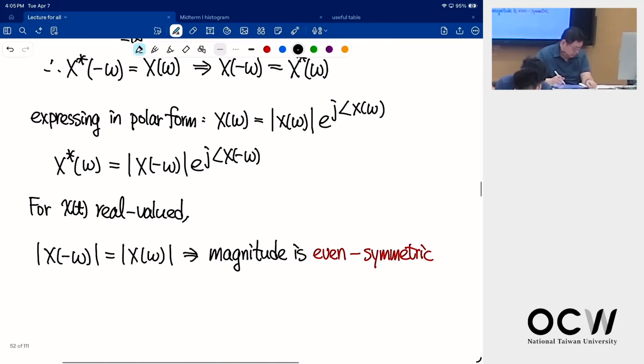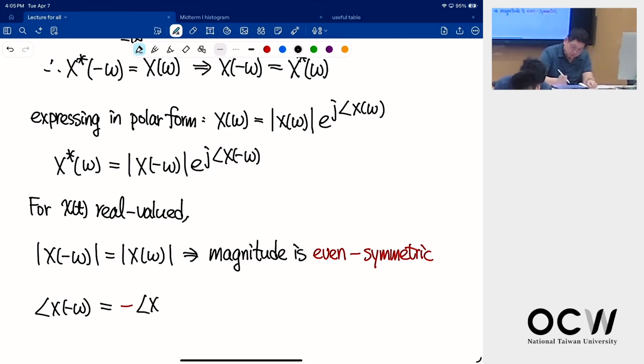And how about the phase? The phase is odd symmetric.